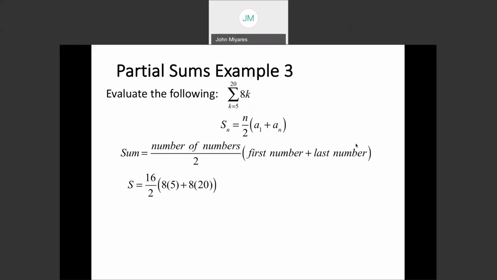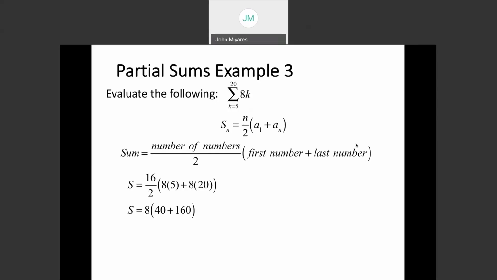So we're going from k equals 5 to k equals 20. We have 16 numbers that we're working with, so I'm going to enter n equals 16. The first number in the sequence, as we have it, will be 8 times 5, which is 40, and the last number will be 8 times 20, which will be 160.